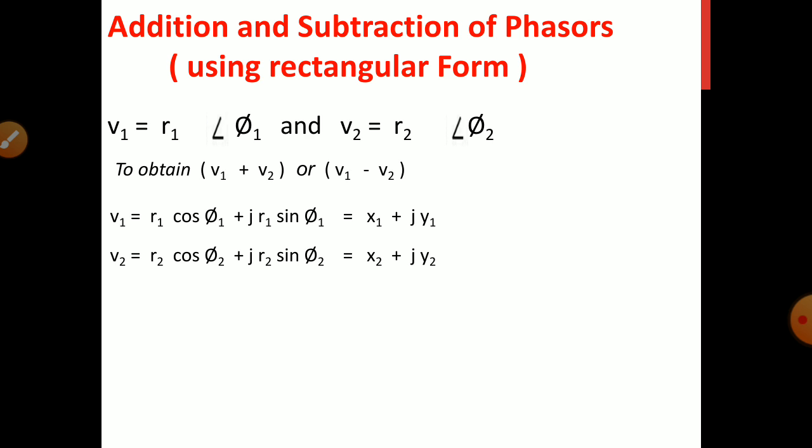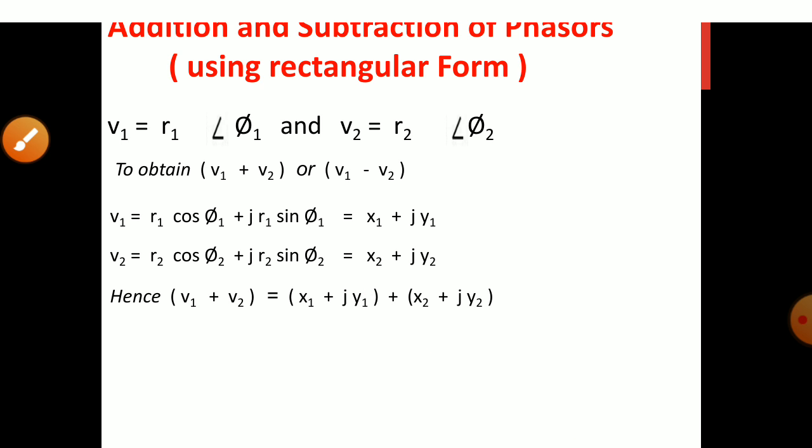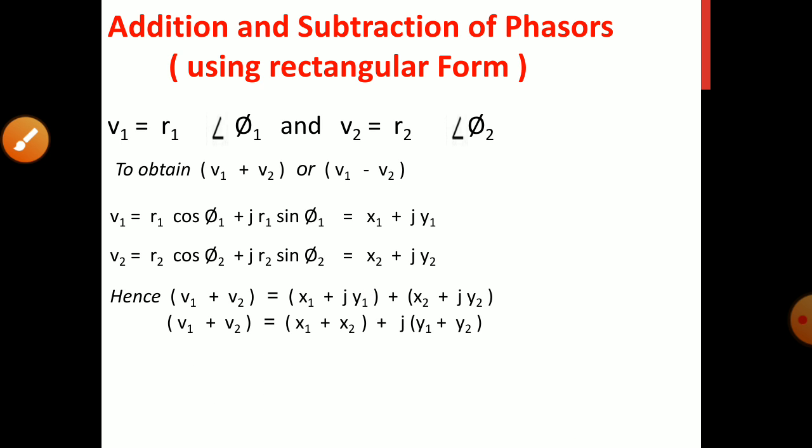Add signals v1 and v2. So we have these two brackets. This is the real part x1 and x2. Add them, and the addition of the imaginary part will be done over. So we will get the final answer as x1 plus x2 and the imaginary part y1 plus y2.